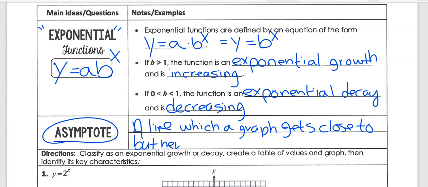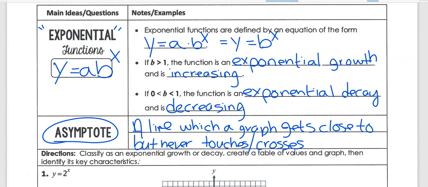So basically, it's like an invisible border. It's kind of like a fence that your graph will get really, really close to, but will never ever pass. And you're going to see it in the examples of these graphs that we're going to get to right now.